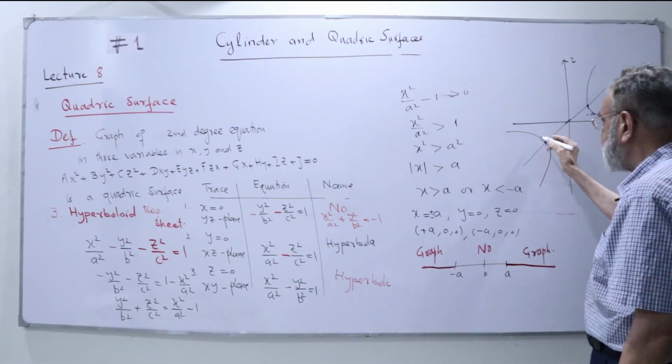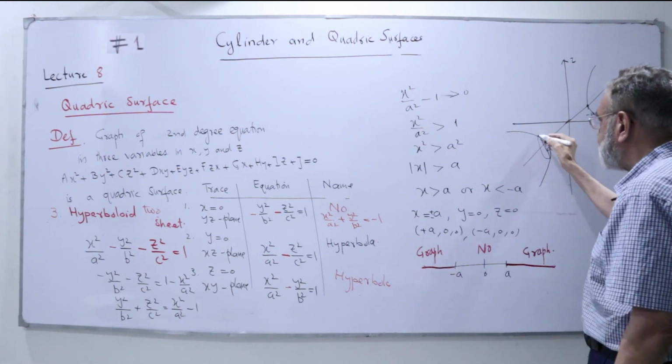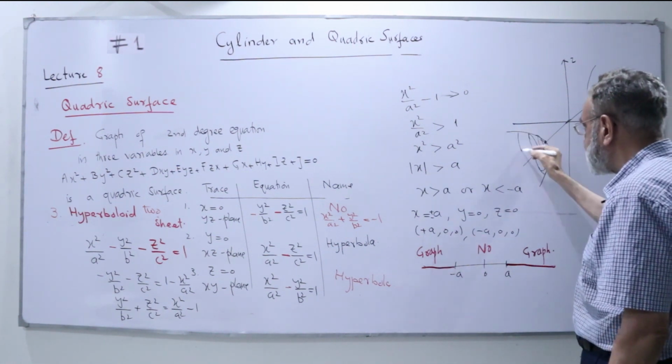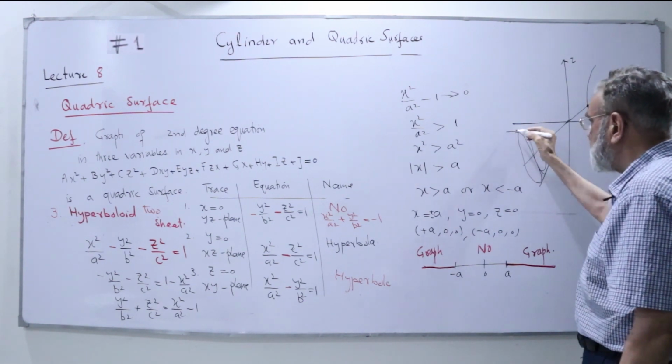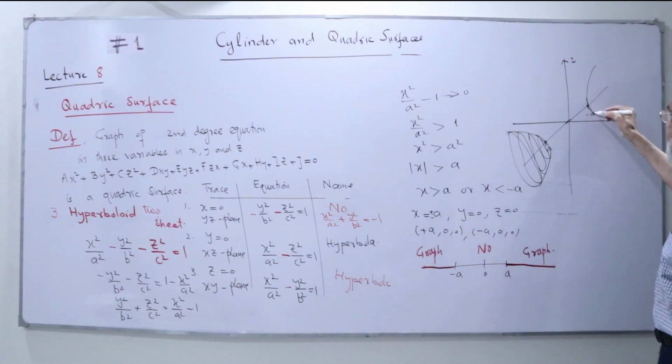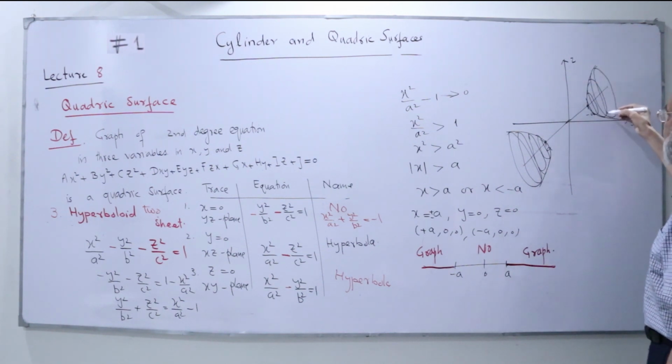So we get ellipses for each value. We get an ellipse here, and here, and here. For each value of z bigger than c, we get the ellipse.